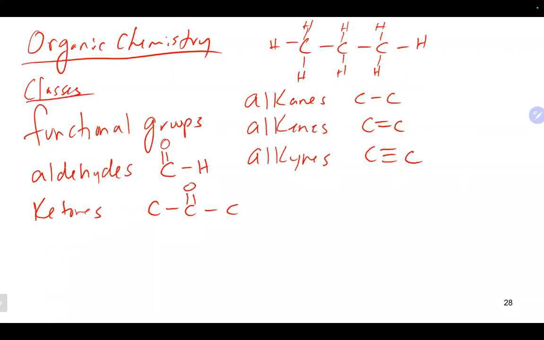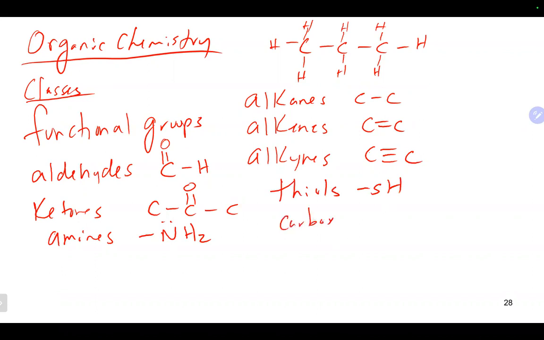We also have things like amines, which are nitrogen-containing groups. Thiols, which are sulfur-containing groups. We've got carboxylic acids, which also are these guys.